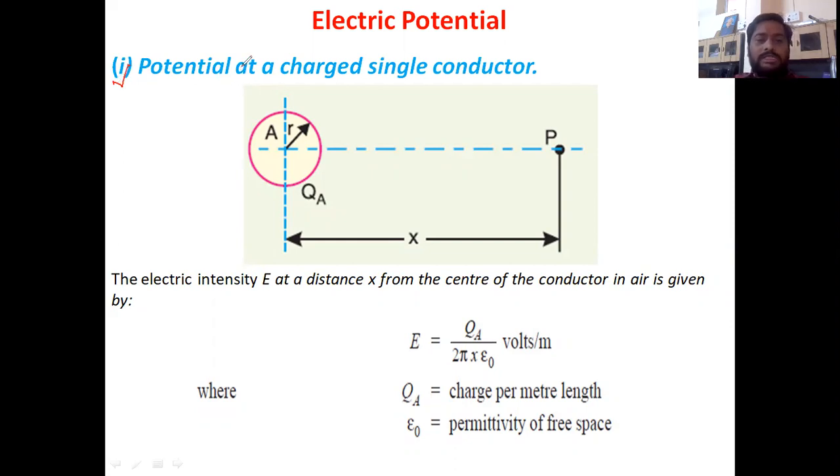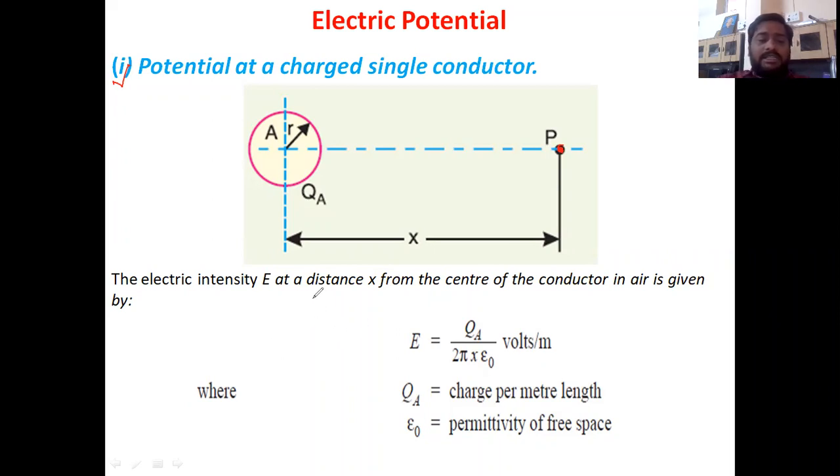Suppose we consider the conductor A having radius small r, and the charge on that conductor is qa, and a point P is outside the conductor, and the distance of point P from the conductor center is small x.